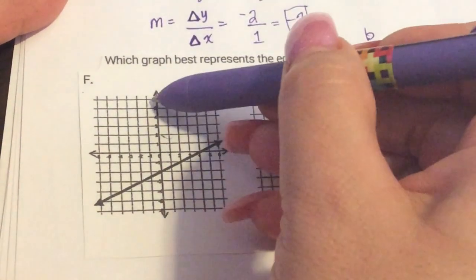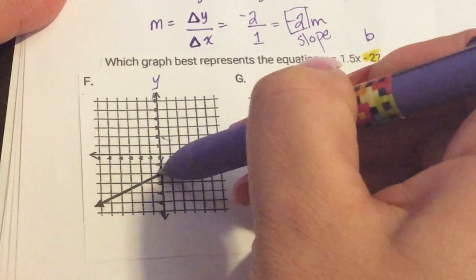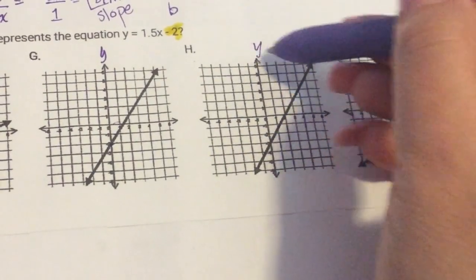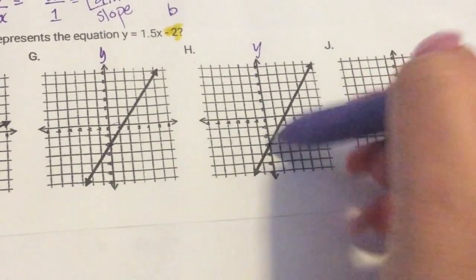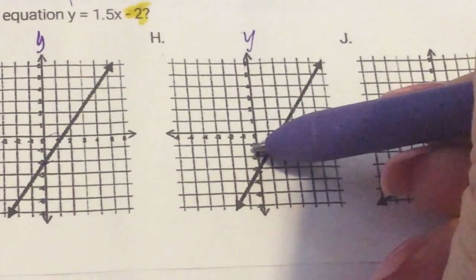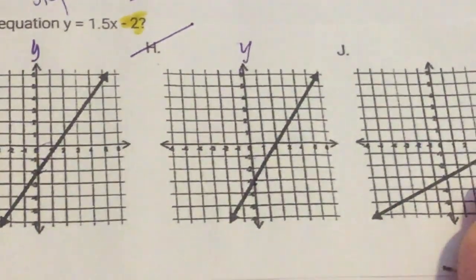This one also, if I go down on y, intersects on negative 2. This one as well. This is the y-axis, and this one does not intersect on negative 2. If you notice, it intersects on negative 1, negative 2, negative 3. So this answer choice is out.